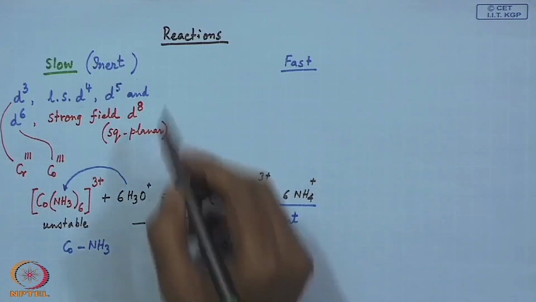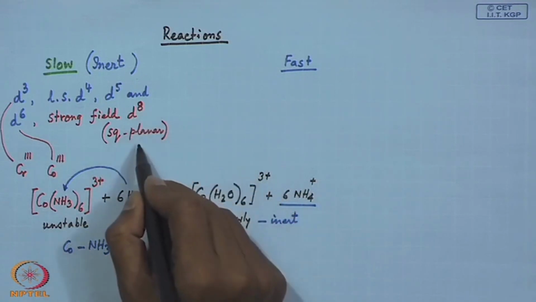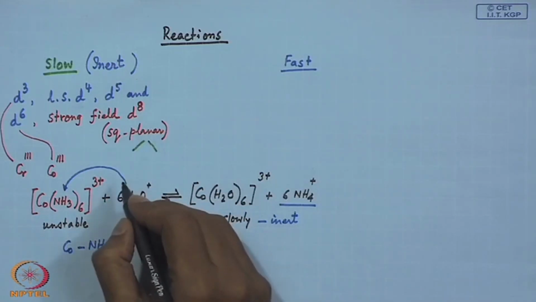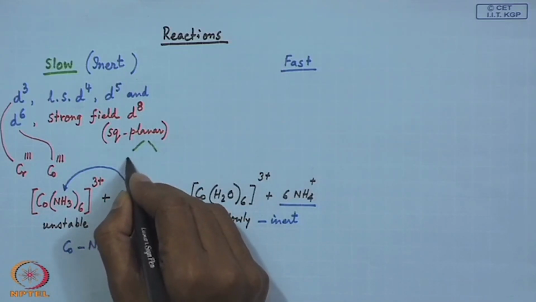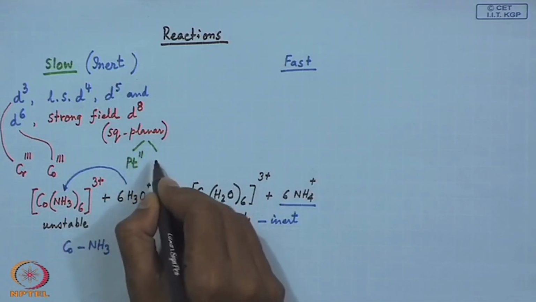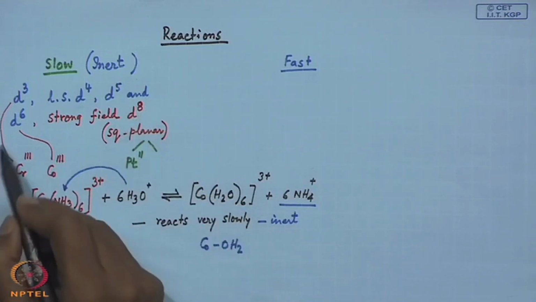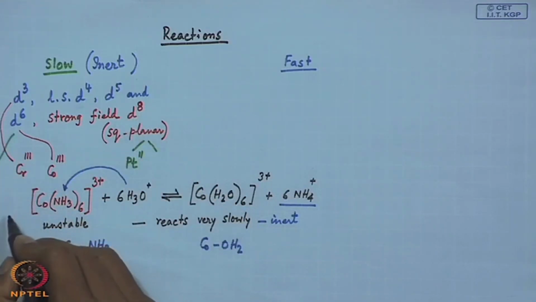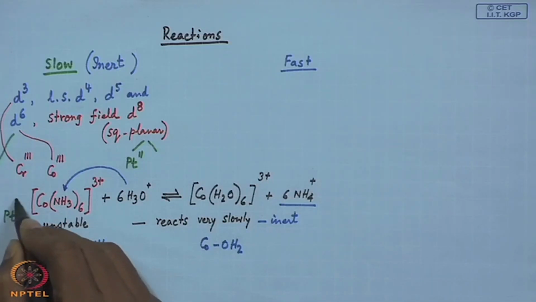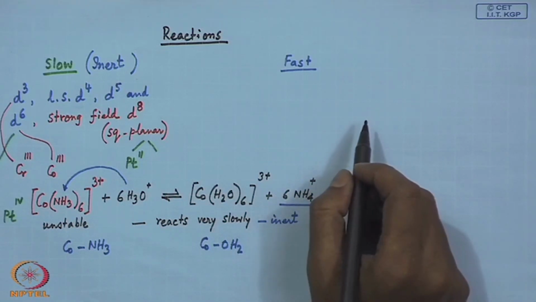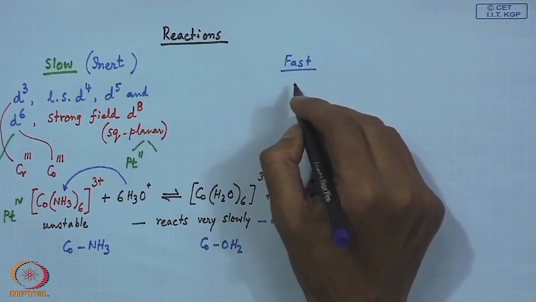So this is there for the strong field d8 electronic configurations. We can have platinum 2 for this particular one where it is d8 configuration, and for d6 configuration we can have platinum in the +4 oxidation state. So this gives us some idea of what types of reactions we can consider as slow reactions.